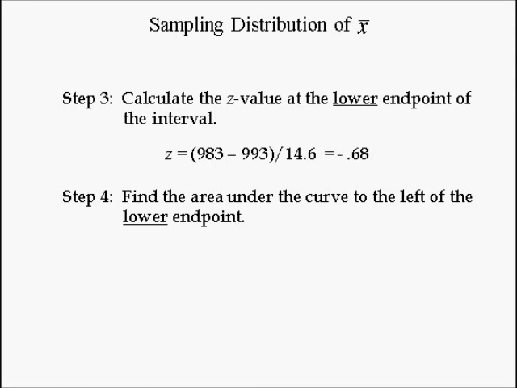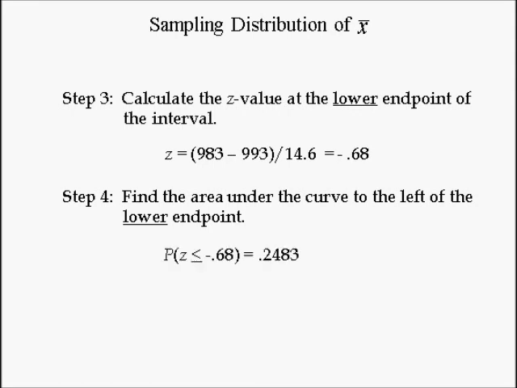So the z-value of the lower endpoint of the interval is negative 0.68, meaning that 983 is 0.68 standard deviations below the population mean of 993. Well, this makes sense because 1003 was 10 SAT points, or 0.68 standard deviations above the mean, while 983 is 10 SAT points, or 0.68 standard deviations below the mean.